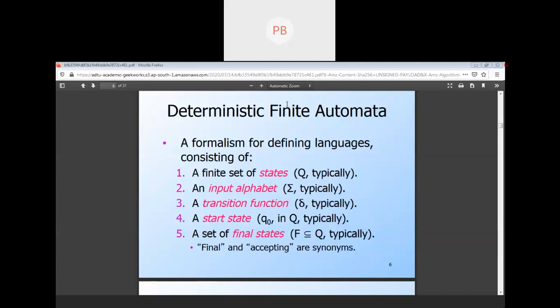A set which has no elements is called an empty set. That means a set with null value, no elements.